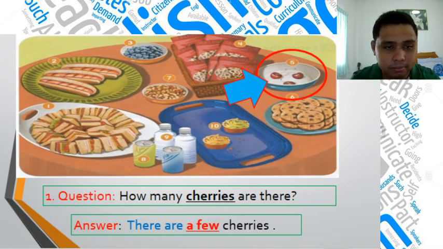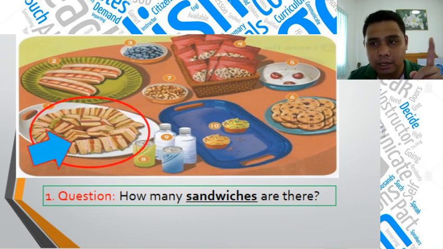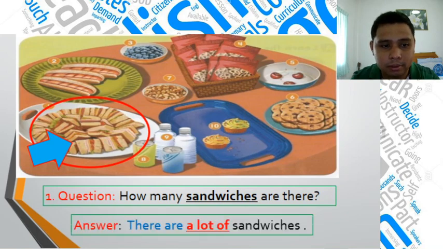Next, how many sandwiches are there? Answer: there are a lot of sandwiches.